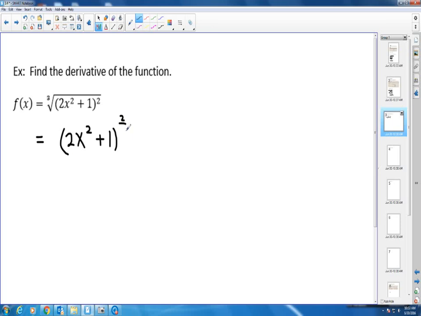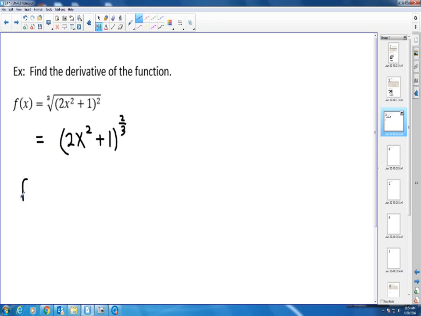It's the 2/3 power because for roots, the denominator determines the root, and the numerator tells you that what's inside the radical is raised to that power. So I'm rewriting this with a fractional exponent.